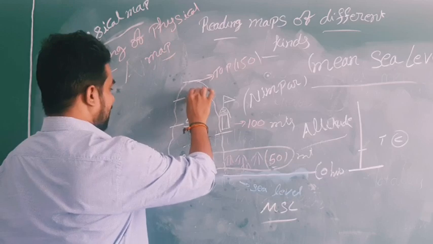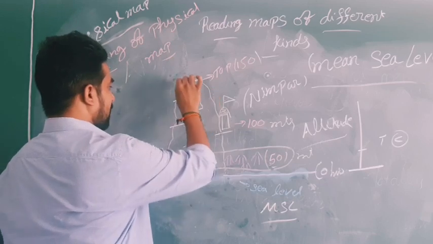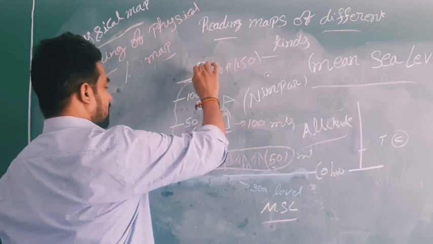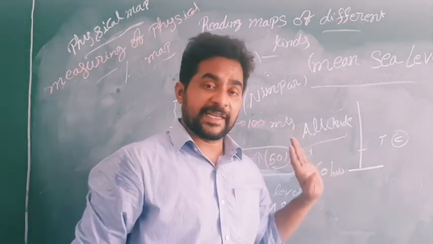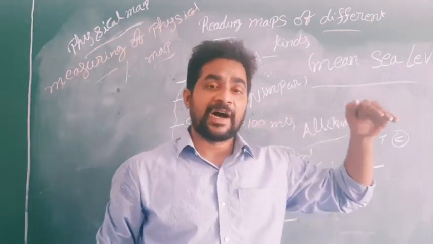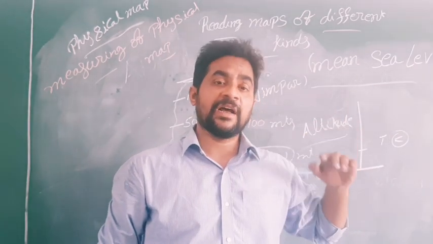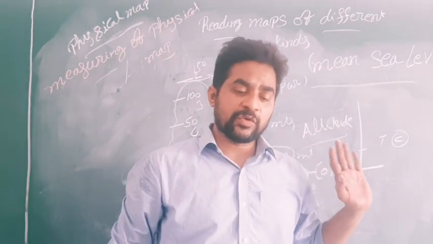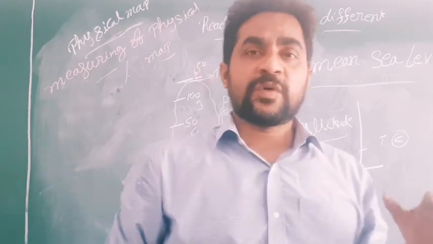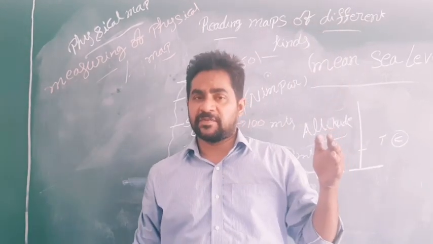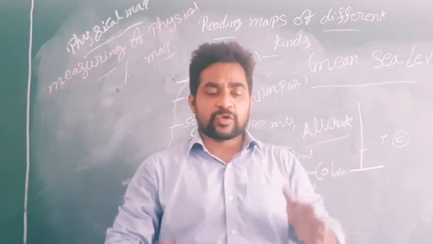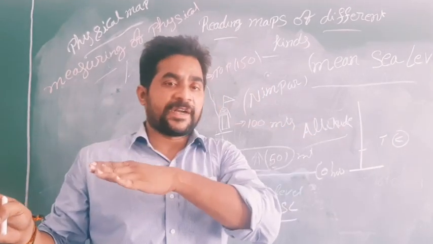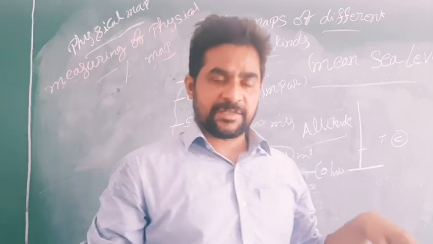If you go to 100, it goes to 3. If you go to 150, the temperature keeps decreasing as we go to higher elevation. So in areas located above sea level, the temperature decreases, and if the area is low, the temperature increases.